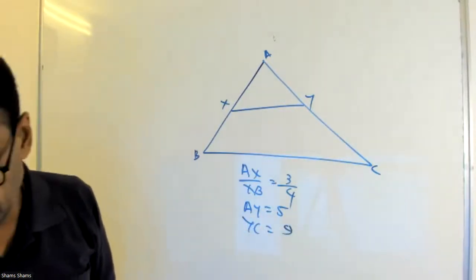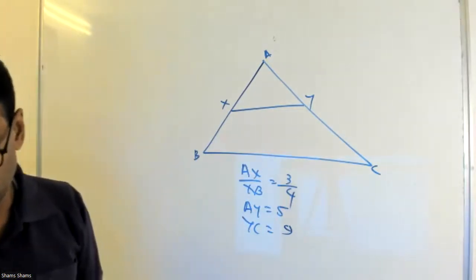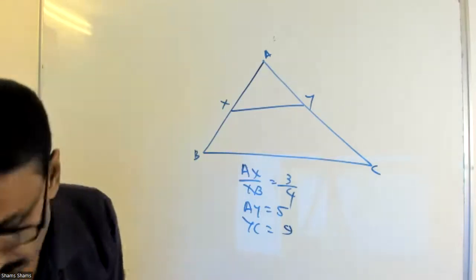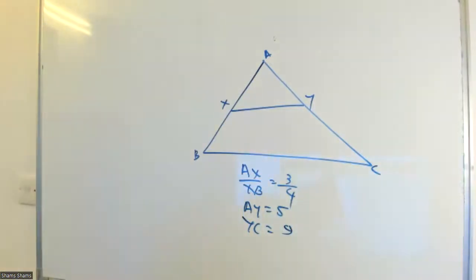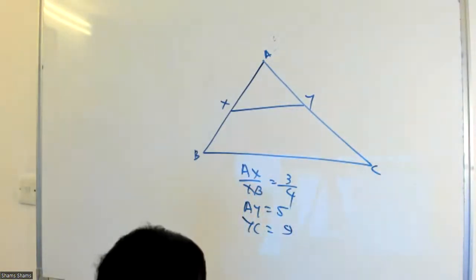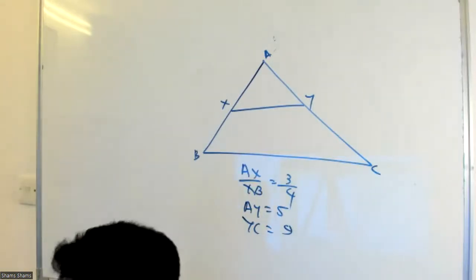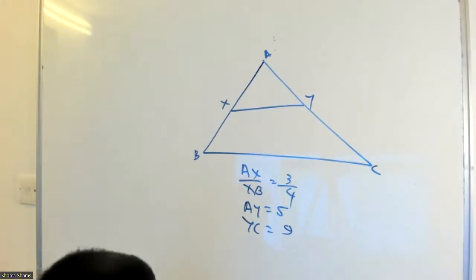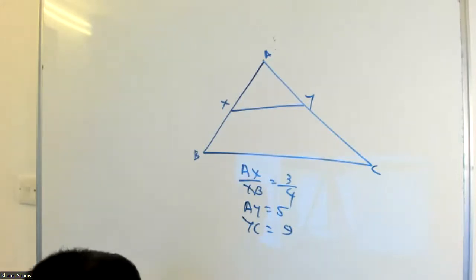Then state whether XY... what I said, listen once again. See the question again. In triangle ABC, X and Y are points on AB and AC. Correct or no? That's all I said, right? Yes, sir. Okay. Such that AX by XB equal to 3 by 4.